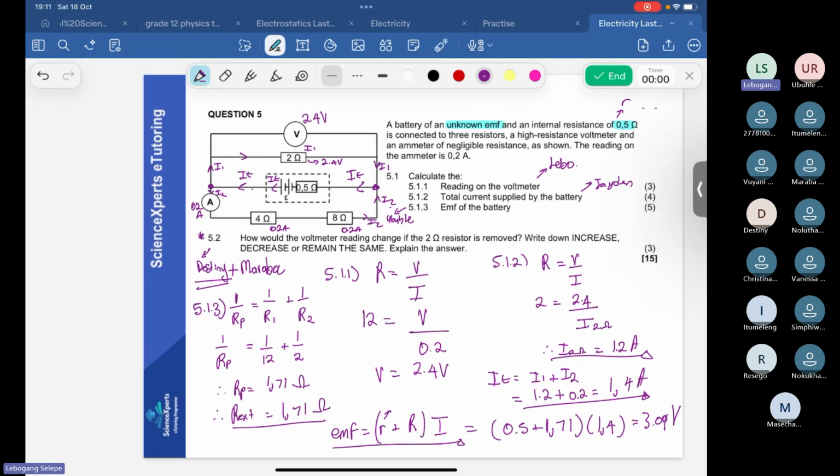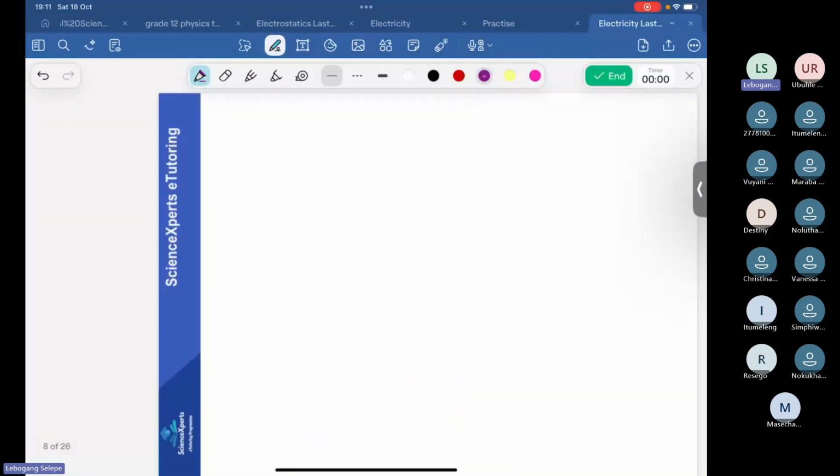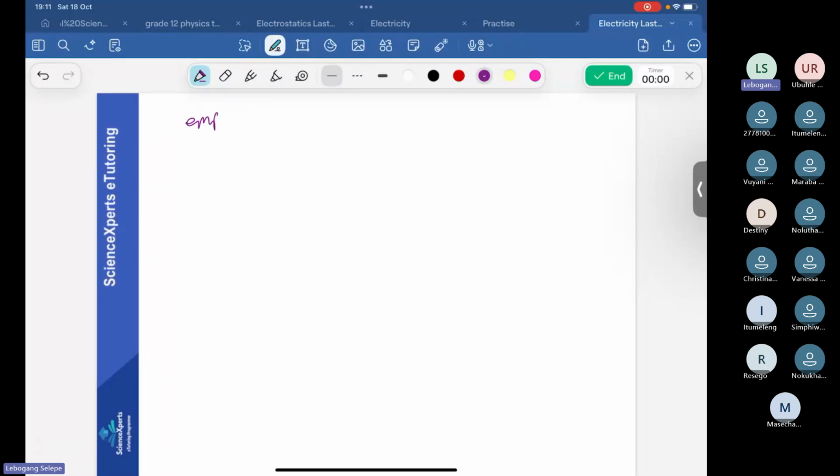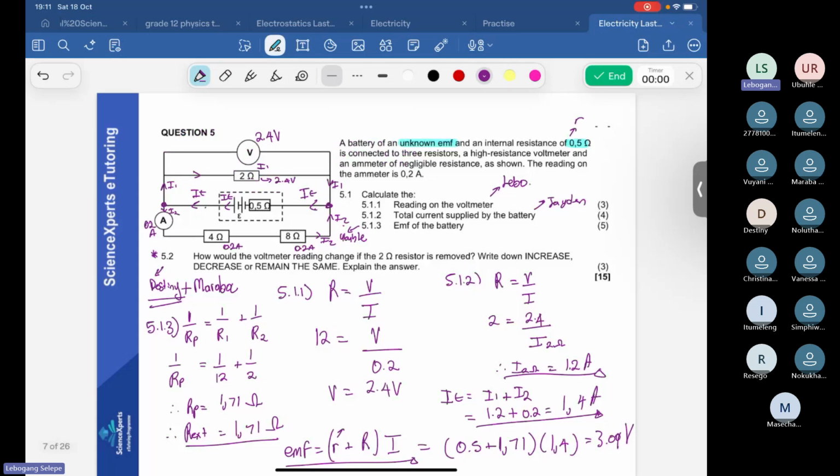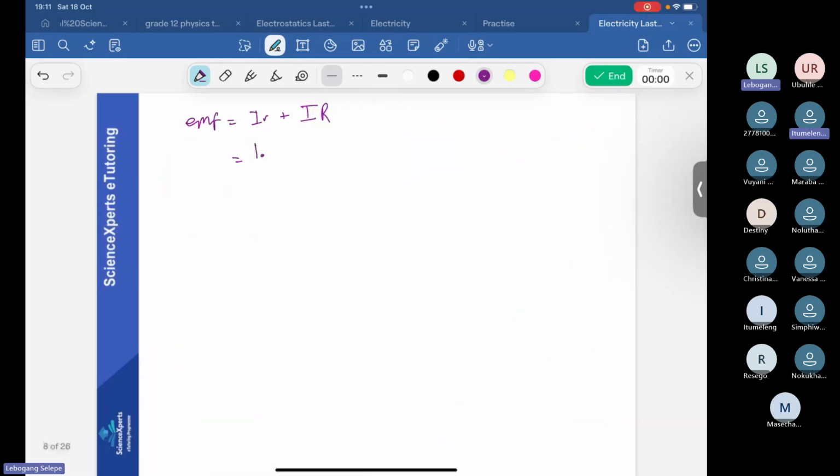Okay. You did this. What did you do? Let's see. You said EMF is equal to IR plus Ir. So 1.4 multiplied by 0.5 plus 2.4, and then that was calculated. I don't know if my calculator is wrong.